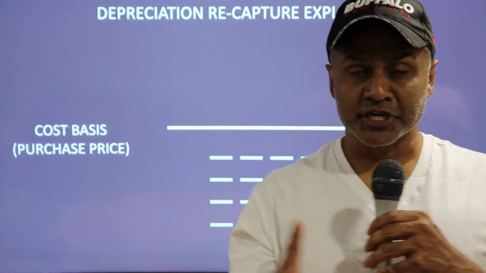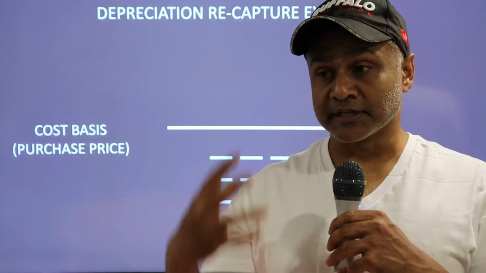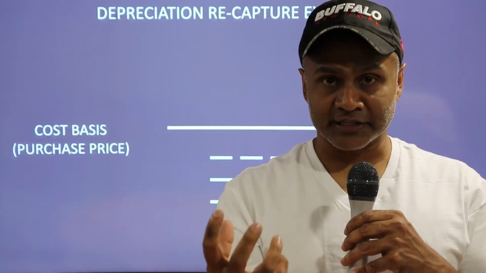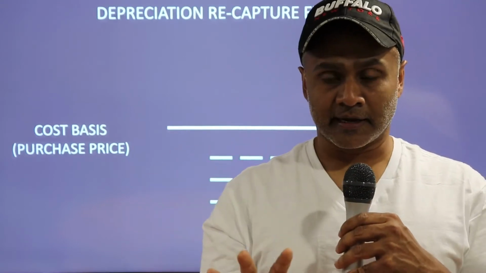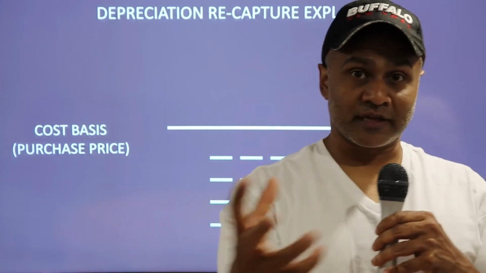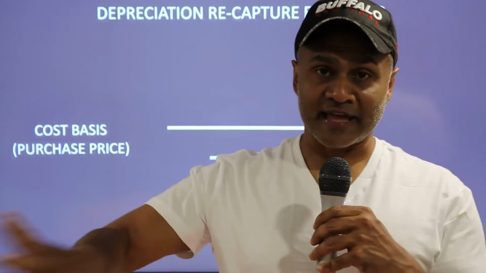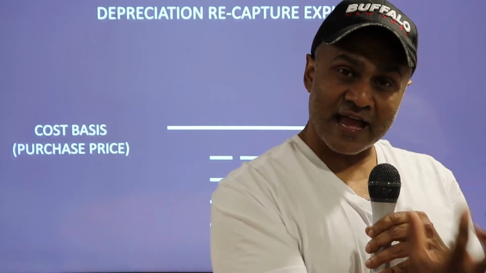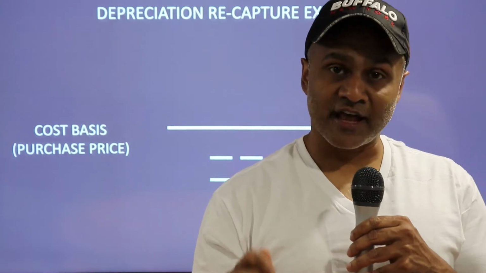The way depreciation is calculated is that the IRS takes the land value and separates it out of the property value. So you get the real estate value, and you separate out the physical asset from the land value. That physical asset is then allowed to be depreciated over 27 and a half years.